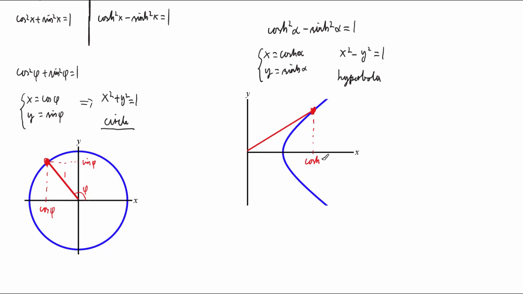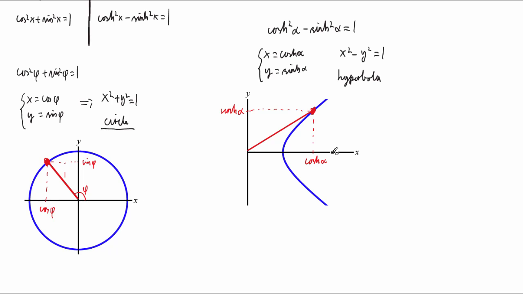Then this is now equal to cosh of alpha, and over here we have sinh of alpha. So alpha is the parameter that we use to describe this curve. Here the parameter was the angle phi, here it's alpha.